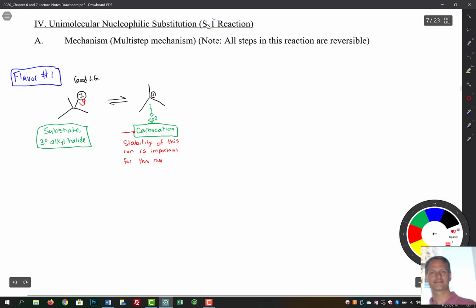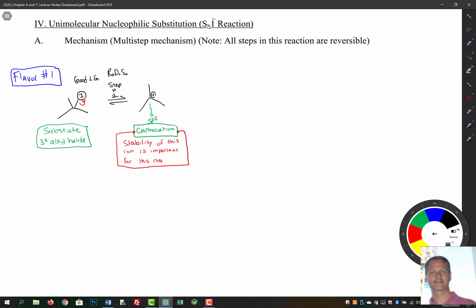All right, and I'm just going to tag it on up here to this statement. Now, that's our step number 1, so let's just make a note over here. Here's your step number 1. It turns out that that is your RDS. That's your rate determining step.